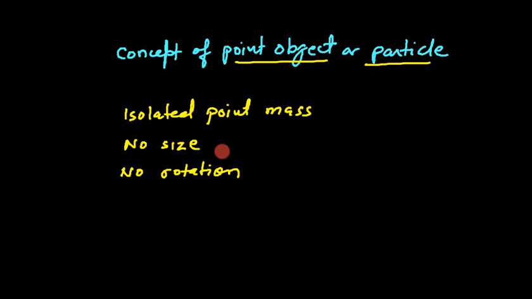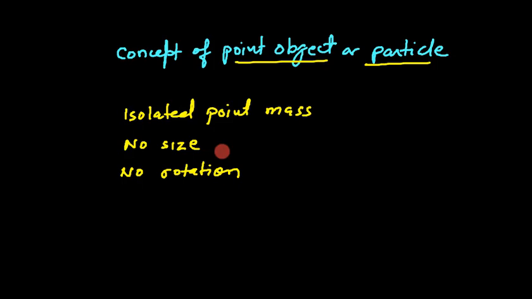However, in reality, every object is going to take some space and will have some mass. So, can we treat a real object as a particle? The answer is, well, it depends on the circumstances. Let me give you some examples.